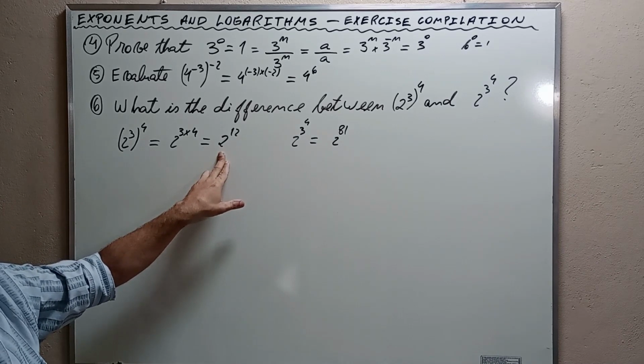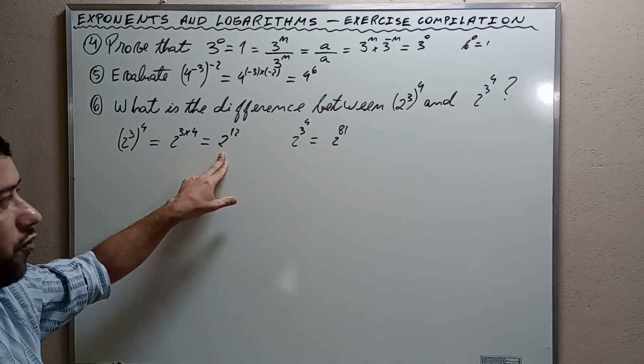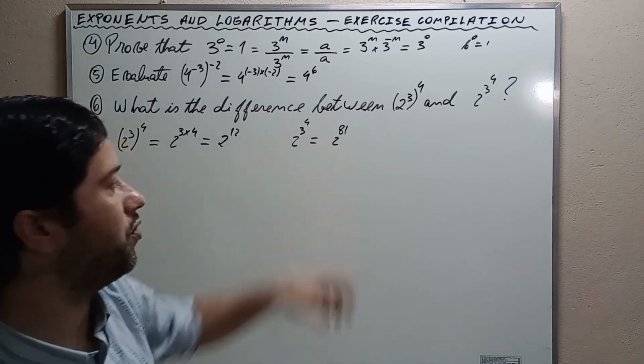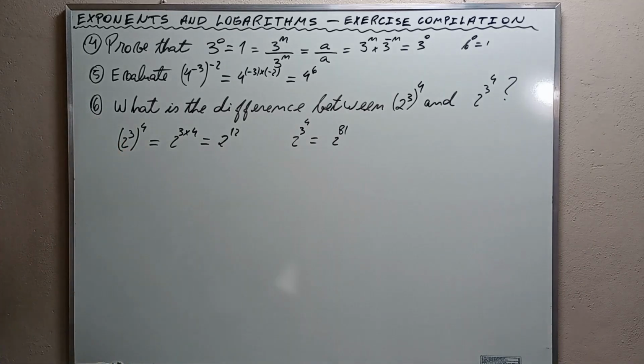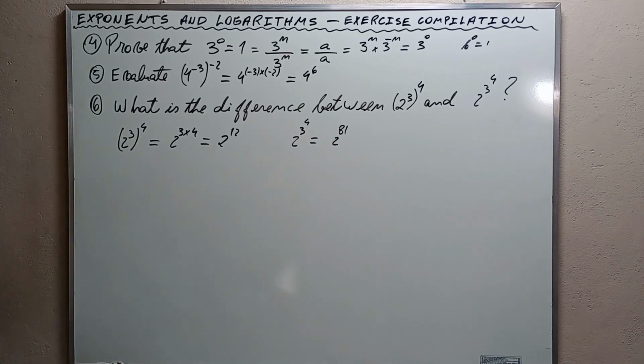Different from this. So this results in 2 to the 12th power, and this results in 2 raised to the power of 81. Alright, my friends, this is the culture that we get from exercise 6. Let's move on to exercise 7.